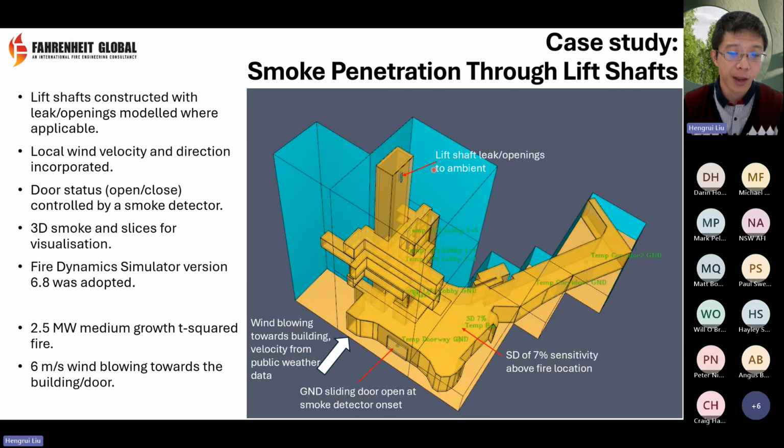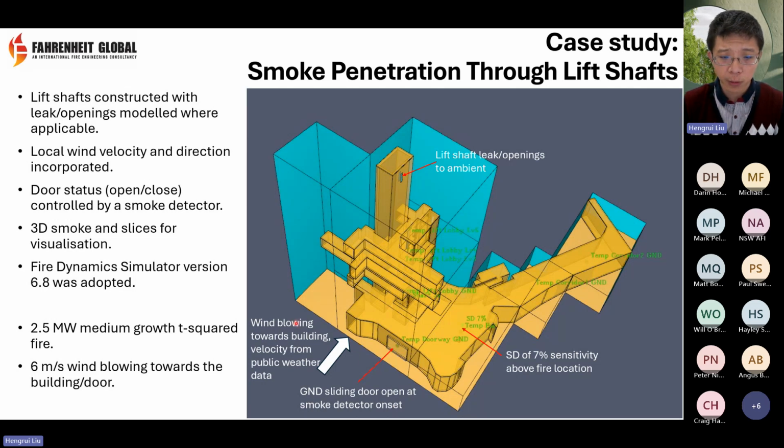Per requirement of any lift shaft, you should have a leak on top of the lift shaft. And similar leaks are also available on the floors where they open to. You probably don't really see it here, but the idea is that they still have such a leak, at ground level, level 4, level 5 and 6 probably as well.